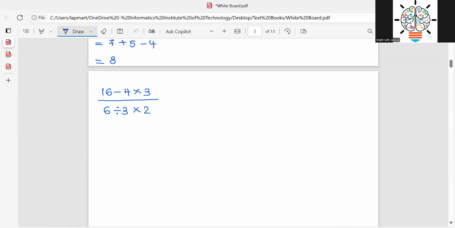Children, you just see what I am doing here. I write this in a different way. Then I use the division sign because this fraction says division. So then I write 6 divided by 3 multiplied by 2.